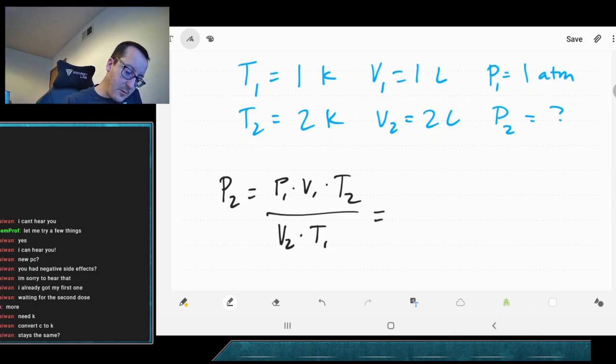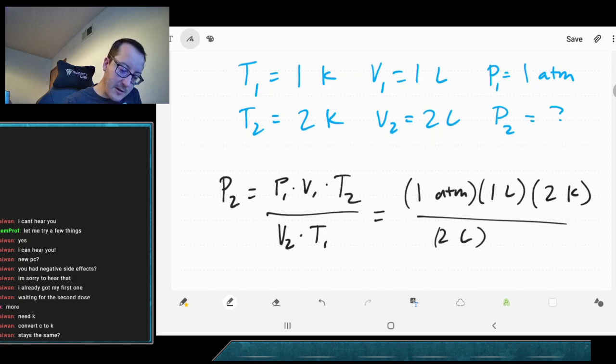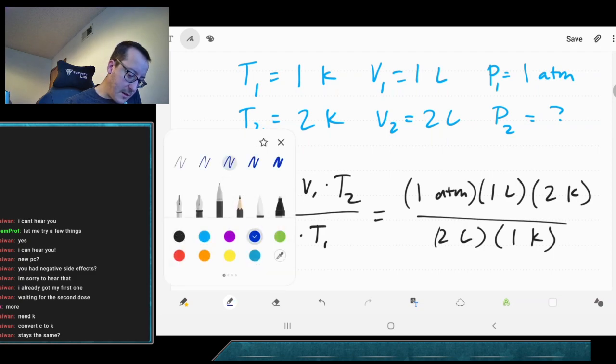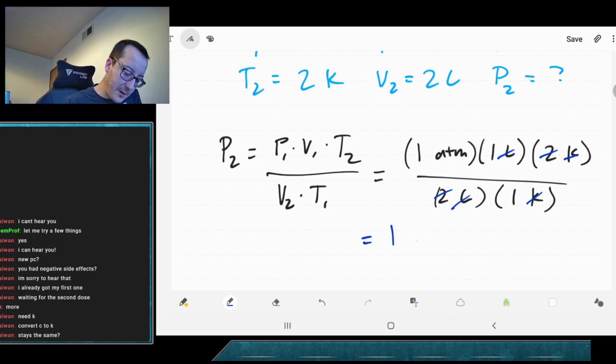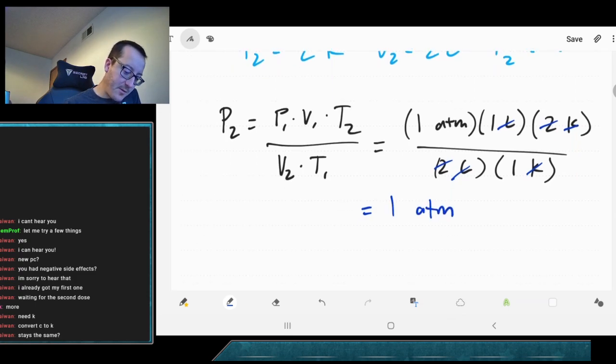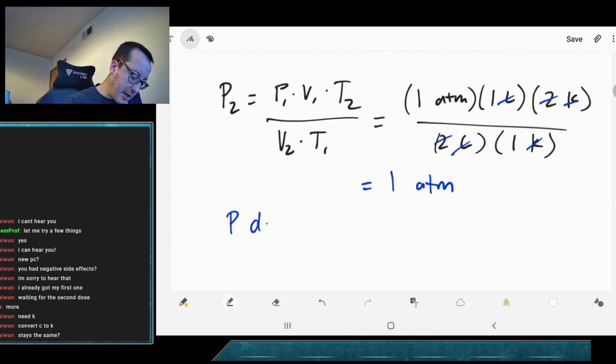And so we're going to see that we have 1 atmosphere times 1 liter times 2 Kelvin over 2 liters times 1 Kelvin. Indeed, notice that our units cancel out, but the 2's cancel out as well. The 1's are just whatever, who cares? We end up with 1 atmosphere. And Eddie is absolutely right that the pressure does not change.